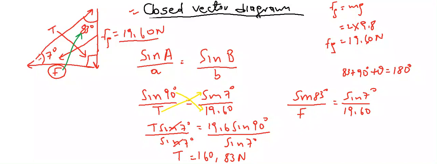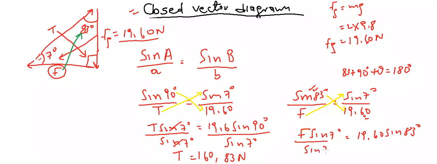19.60. Then what do we do? We cross multiply. This multiplied by that, this by that. So F times sine 7 degrees is equal to sine 83 times 19.6, which is 19.60 sine 83 degrees.